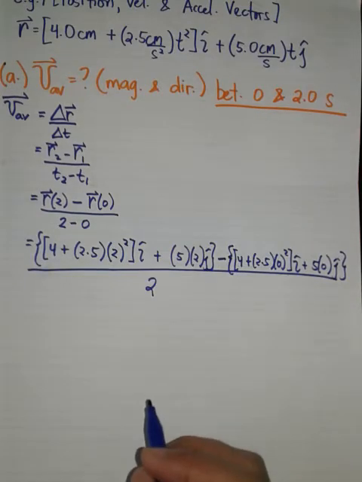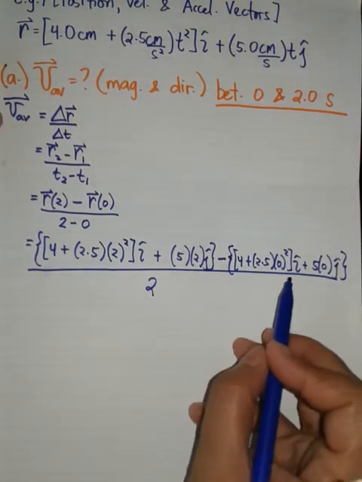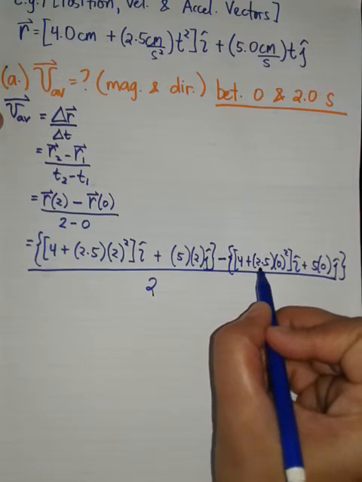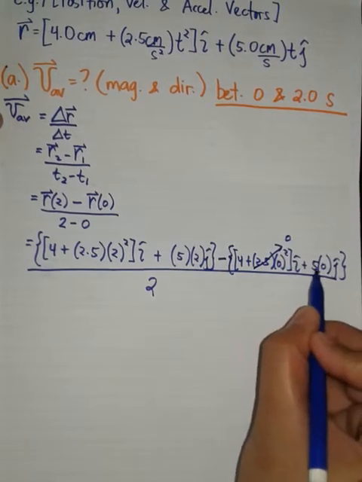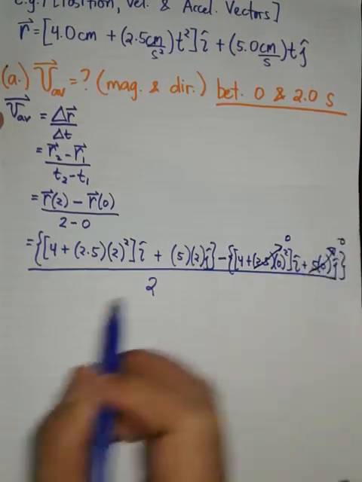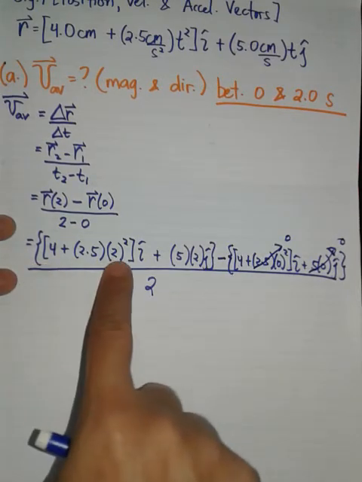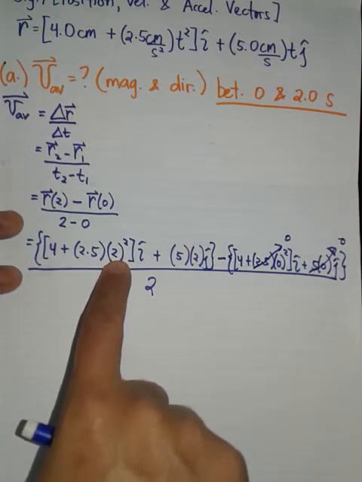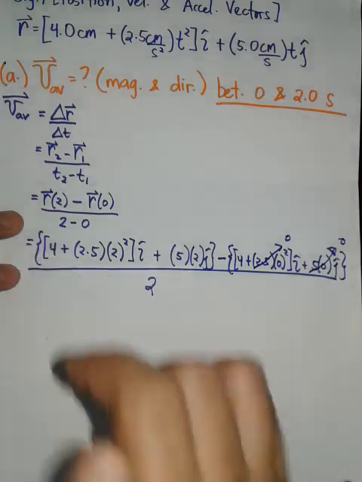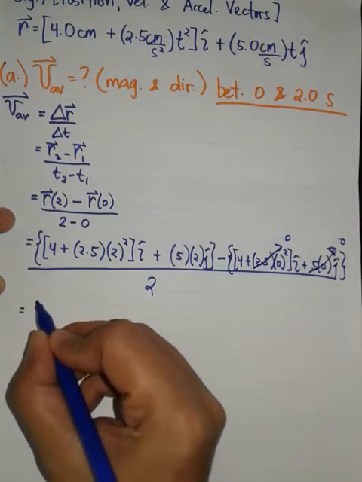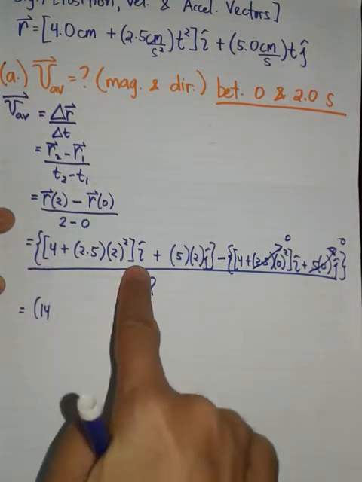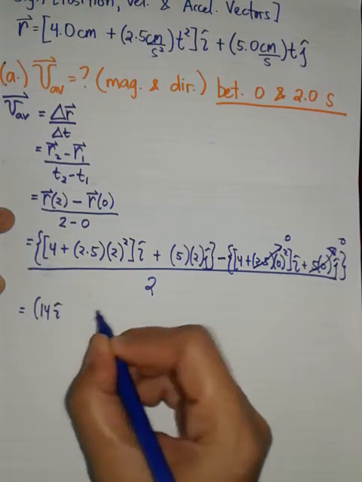And then we simplify. Dito muna tayo. So, itong siya, 0 na ito. And this one also is 0. Okay? So, here we have 4 times 2.5. That's 10, 14. So, we have 14 i hat. Okay?